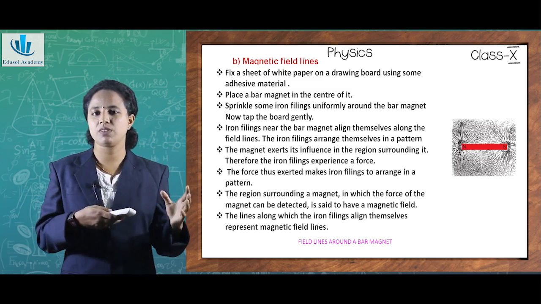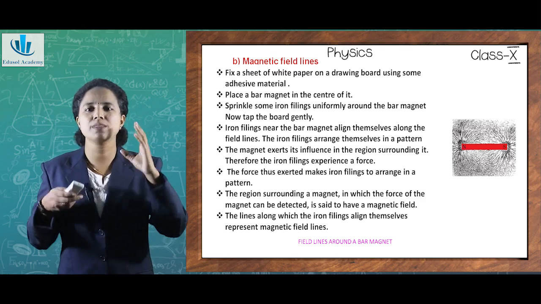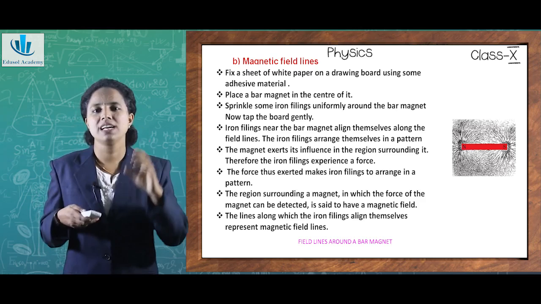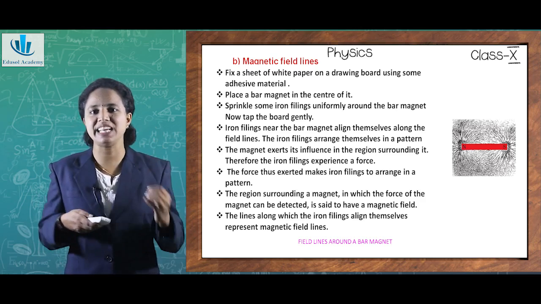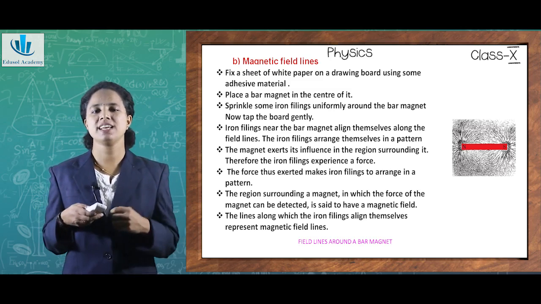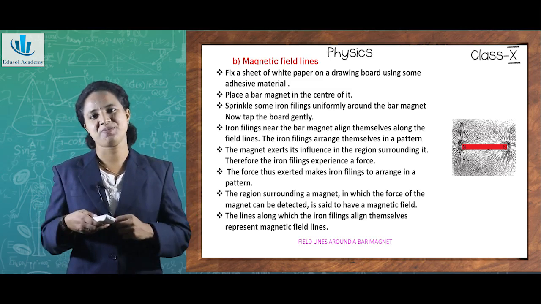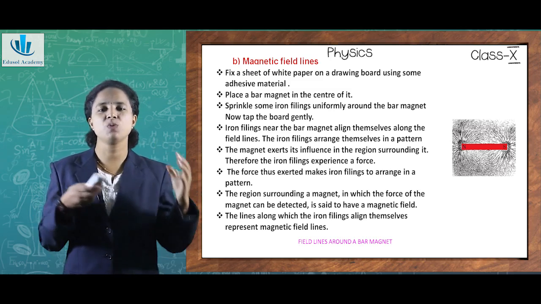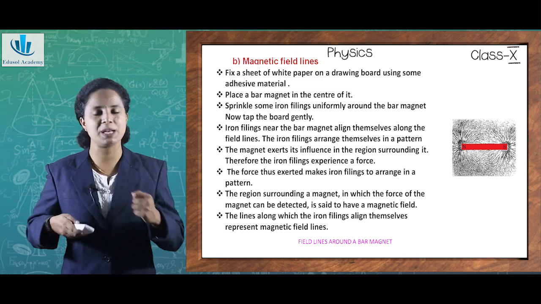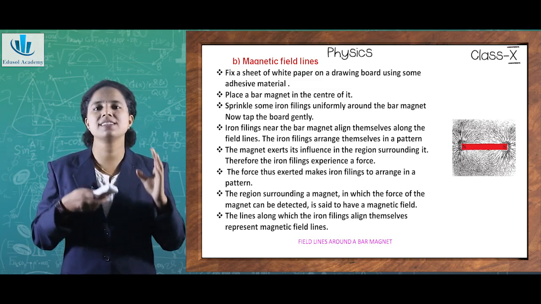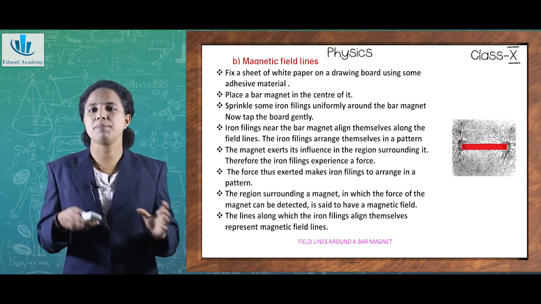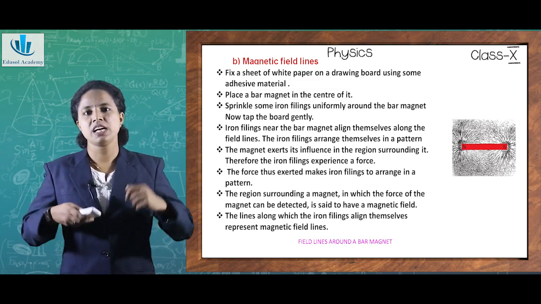The area surrounding the magnet where the magnet has some influence or can exert a force is called its field. So the magnet exerts some influence in the region that surrounds it. The iron filings which we placed near the magnet also experience a force. This force exerted by the magnet on the iron filings makes them arrange in a particular pattern.